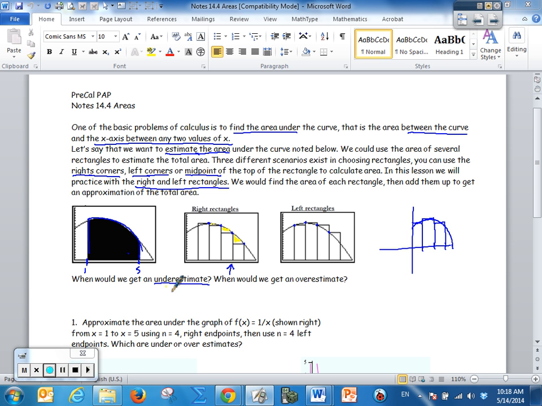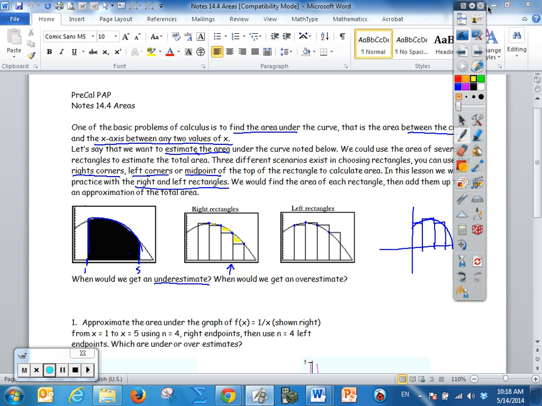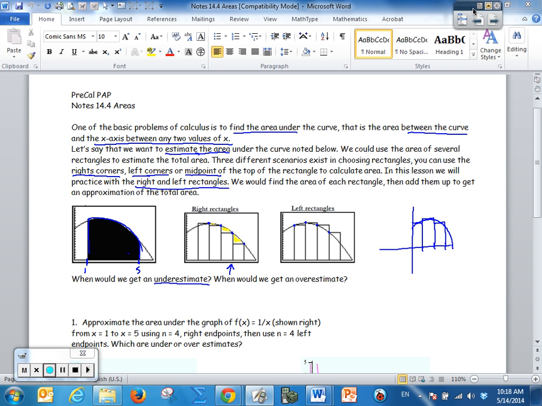They're actually giving us an underestimate. So that is one situation, and I'll write that down. If we're using the right rectangles on a decreasing function, we get an underestimate.